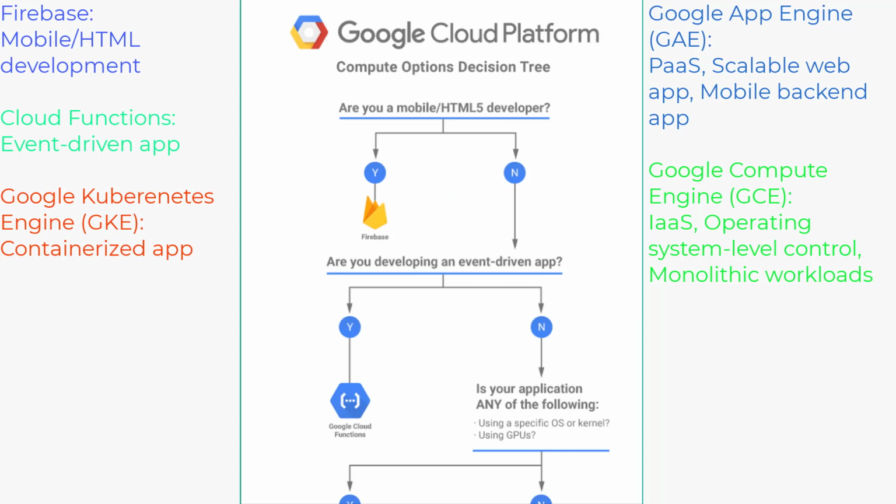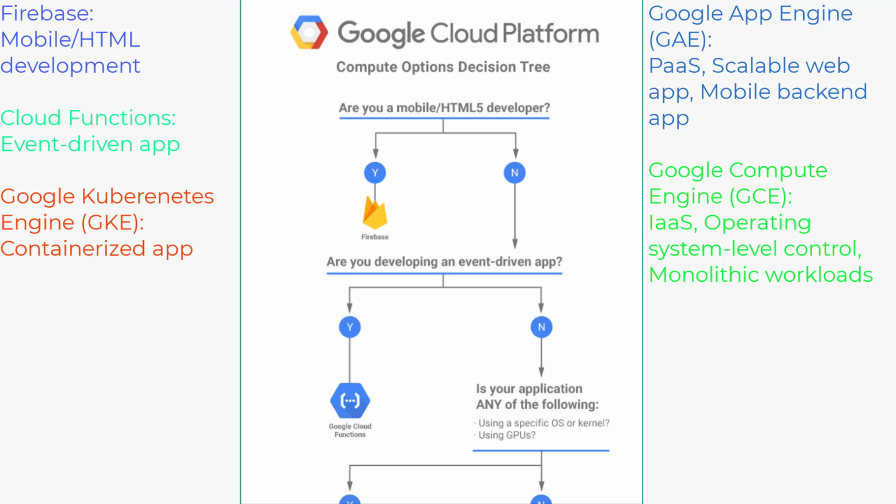The decision tree starts with the question: are you developing a mobile HTML app? If so, choose Firebase. Otherwise, if you are developing an event-driven app, then choose Cloud Functions.